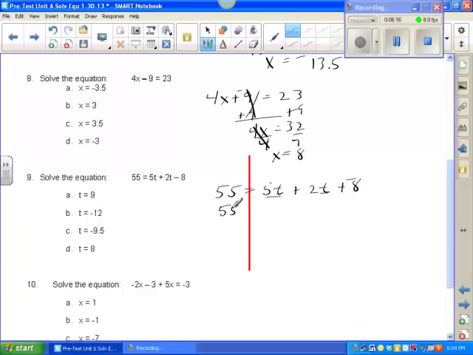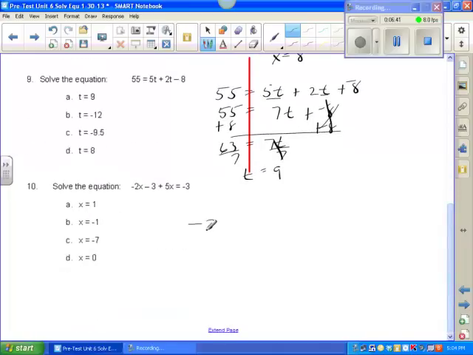So I have 55 equals 7t plus negative 8. I don't have variables on both sides, so now we're left with a two-step equation. So I have to get rid of that negative 8, so the opposite of negative 8 is positive 8. So that's 63 equals 7t, and then the opposite operation. So t is going to equal 9.